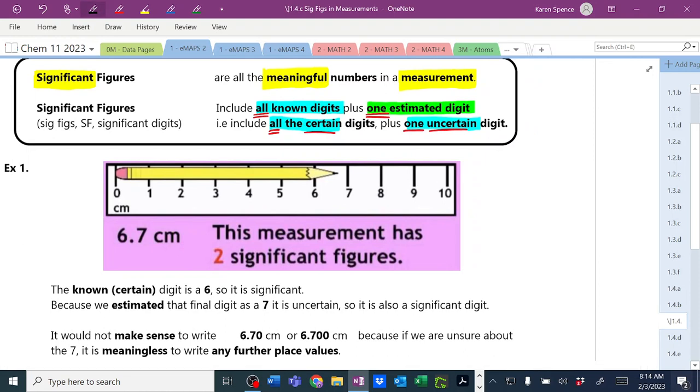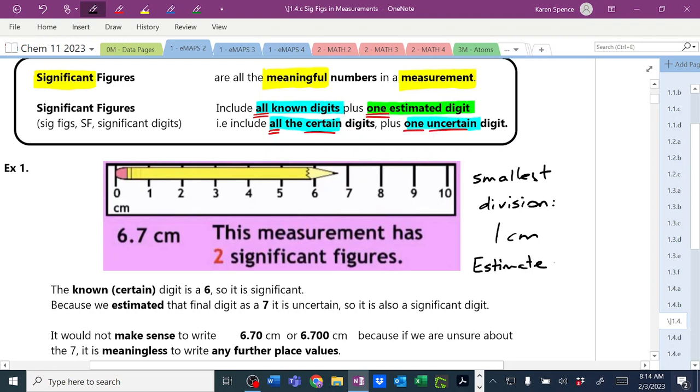So let's take a look at a ruler like we had yesterday. The smallest marking on this ruler is 1 centimeter. And if you recall from yesterday, we can estimate one more position to the right than that. That is in the ones position, so we can estimate to the 0.1 position.